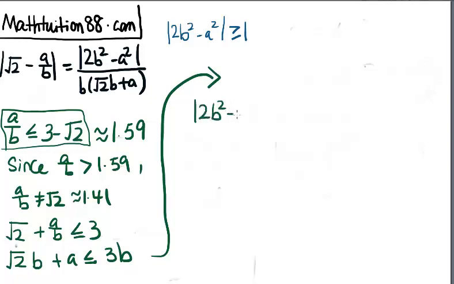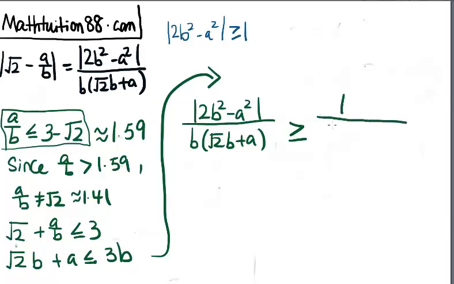2b squared minus a squared over b times root 2 b plus a will be greater than or equal to, recall that the numerator is always at least 1, so we can put 1 here, and for the denominator we can put 3b squared, because the greater the denominator, the smaller the fraction will be.